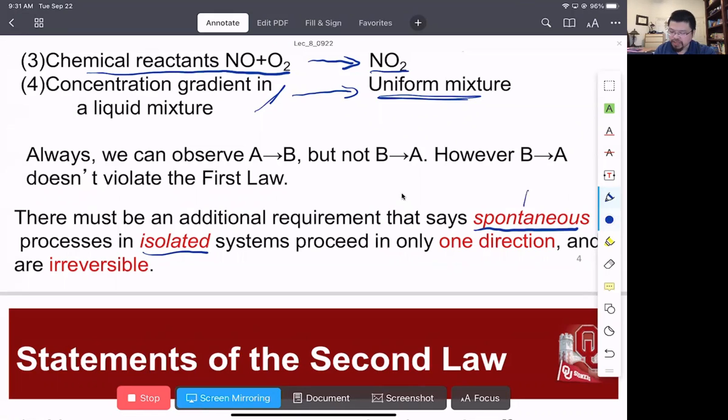So that would be spontaneous, no extra support, and isolated. So we are not going to allow the interchange between the system and the surroundings. And then we try to understand why nature is evolving always in one direction, not necessarily in the reversible way. Okay.